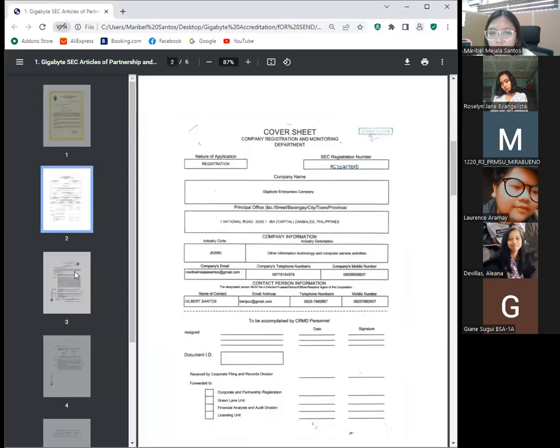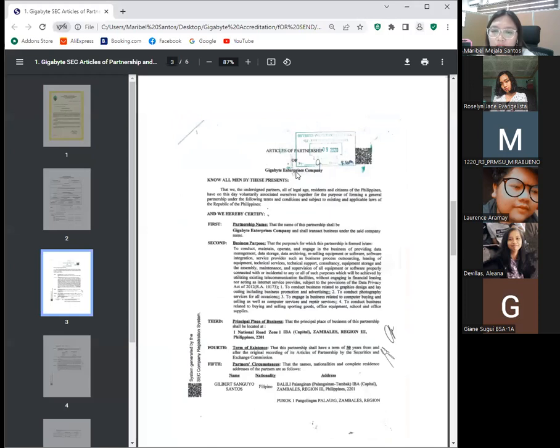Then of course, we have bylaws, no? Articles of partnership, ito kung ano ba yung mga nakalagay sa partnership. Sa corporations, may bylaws. So, pag sinabi natin bylaws, ito lang din naman yun. What is the name of the corporation? Dito naman, what is the name of partnership? What is the business purpose? What is the principal place of business? Terms of existence? Pwede mo ilagay yan, pwedeng hindi.